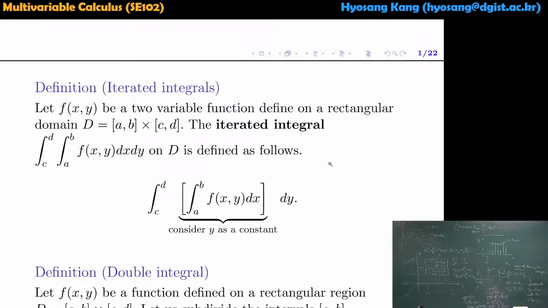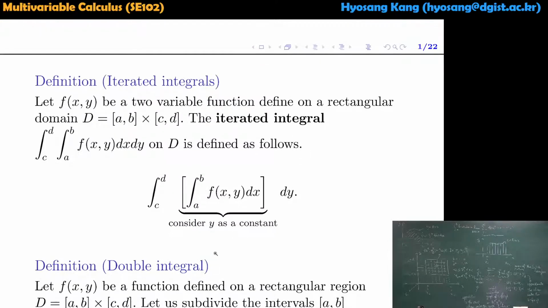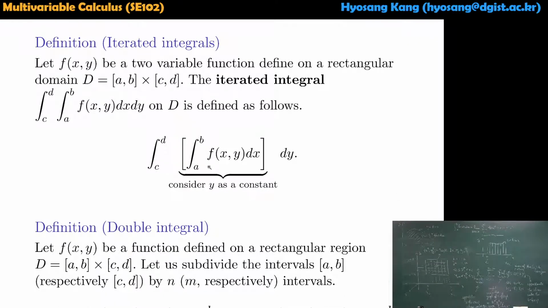Okay, they are very different notions. So iterated integral and double integral are different things. But one thing is clear, that the iterated integral and double integral both give a number. Okay. So we're not talking about the indefinite integral here.